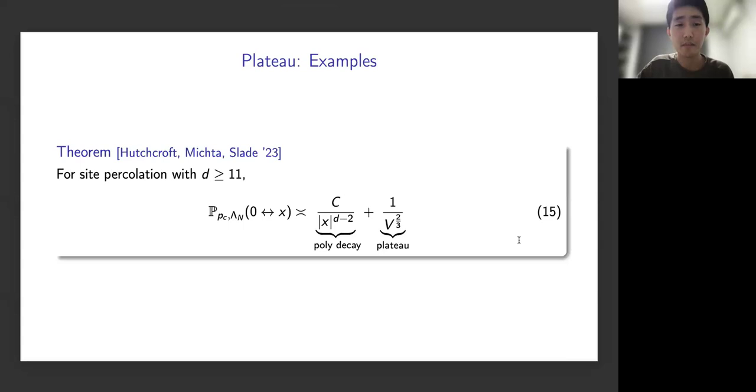The first proper example for the plateau is due to Hutchcroft, Michta, and Slade, and they have proved that for spread-out percolation with d greater or equal to 11, the connection probability at the critical point has two main contributions.